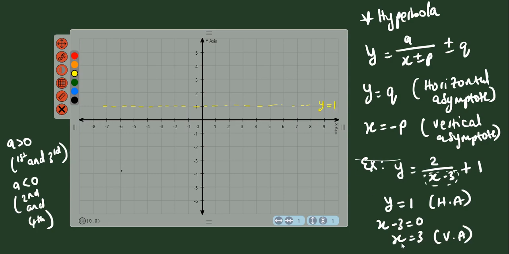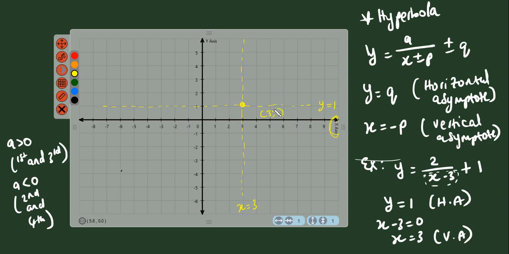Then this one says you're going to cut the x-axis at 3. Remember, this is your x-axis. You cut it at 3, so x is equals to 3. So this point here will always be x is 3, y is 1.